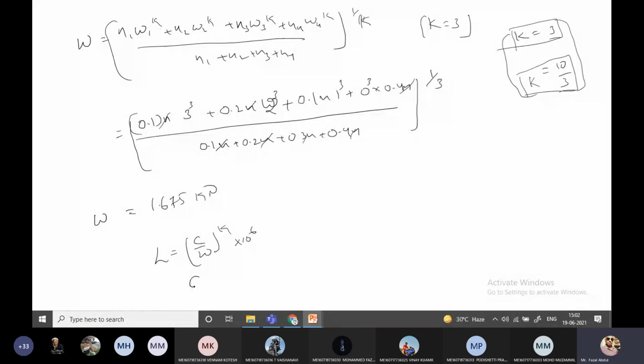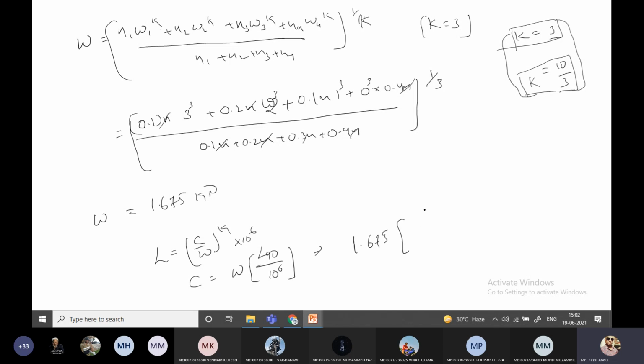Here C is the dynamic load rating, the basic load rating. C equals W, the equivalent radial load, into (L90 by 10 to the power of 6) to the power 1 by K. Here the W value we just got is 1.675.